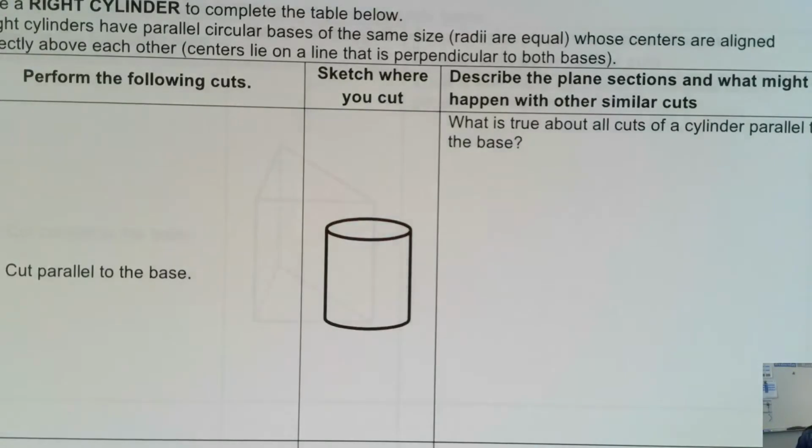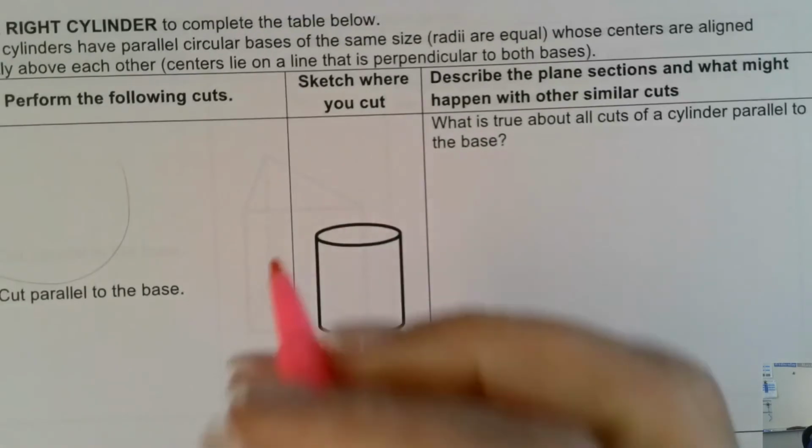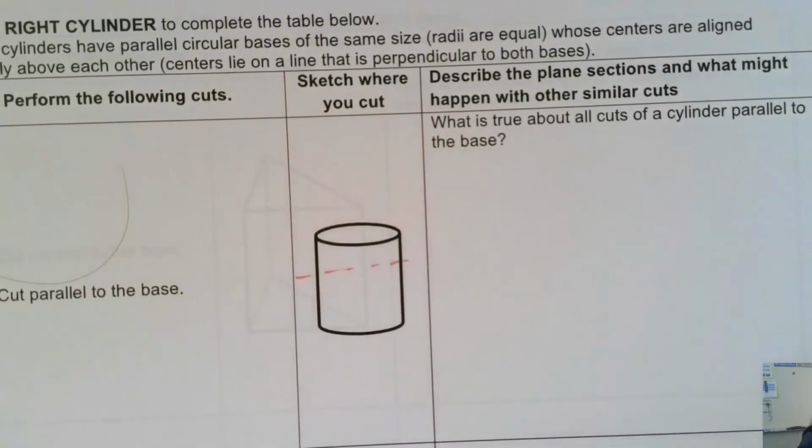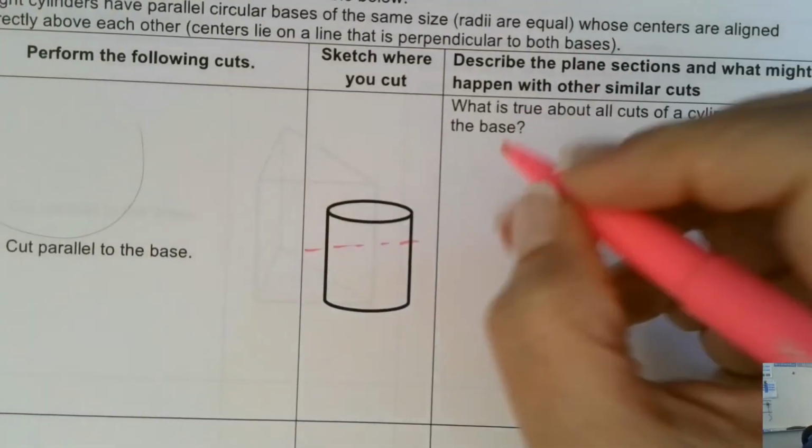Okay, so our next shape that we will be looking at is a cylinder. Okay, so if you have a cylinder and you cut it parallel to the base, you will be getting that circle. Okay, so this cut would happen parallel to the base.